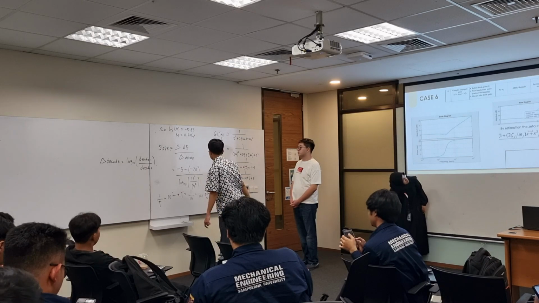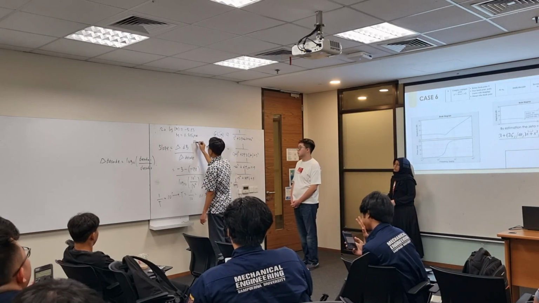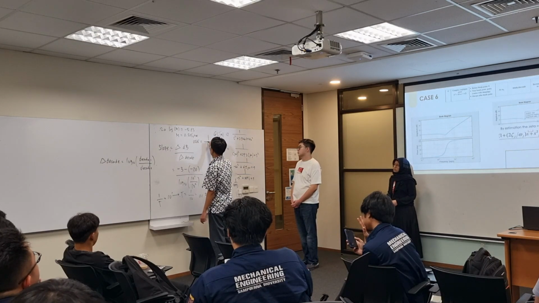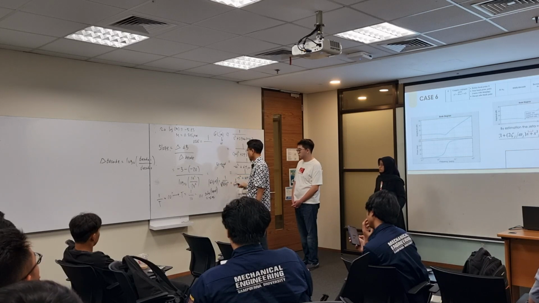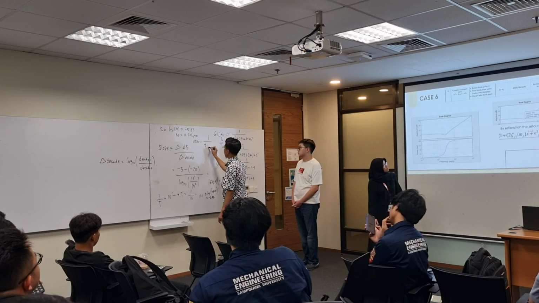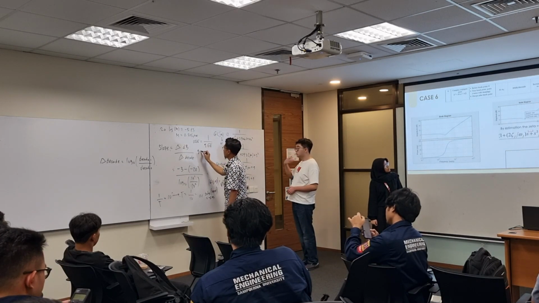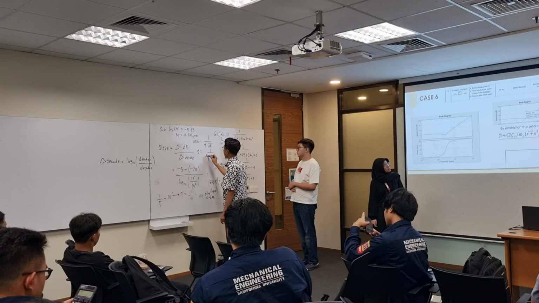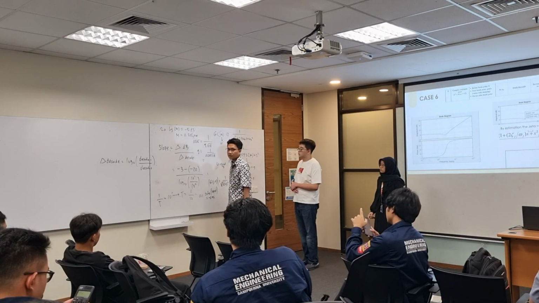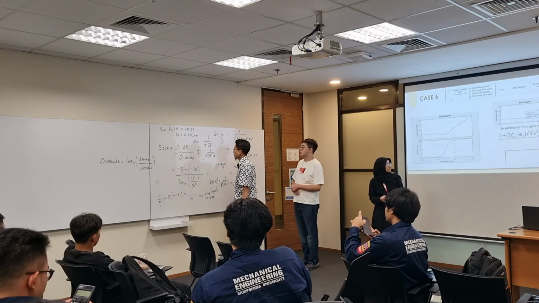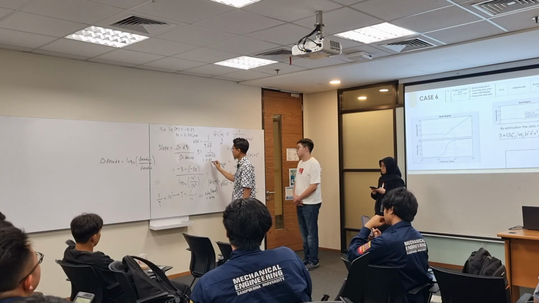0.505. Okay. So we know that 0.505 is equal to 1 over this one, the square root of 18 zeta squared. So I have the zeta in here and then square root of 18. Then my zeta will be 1 over 0.505 square root of 18. What will be my zeta? In here, 0.47.